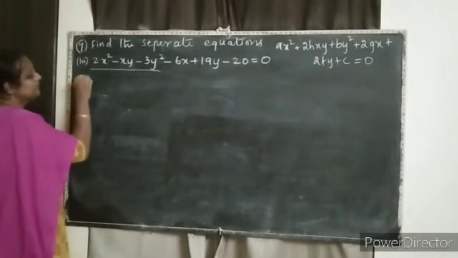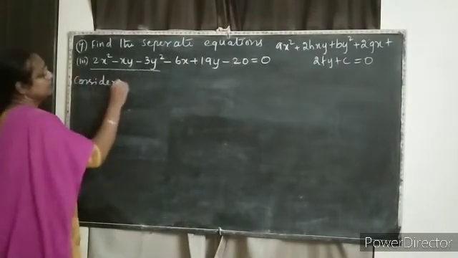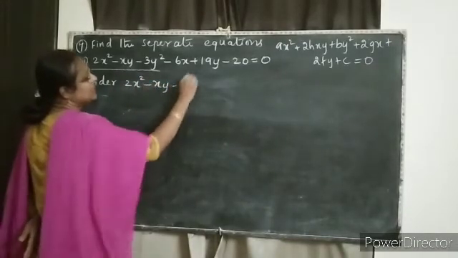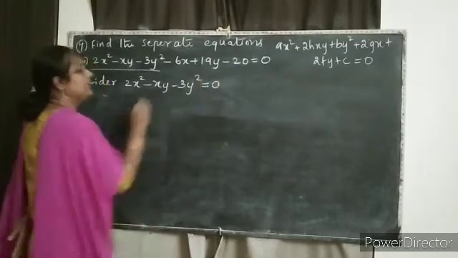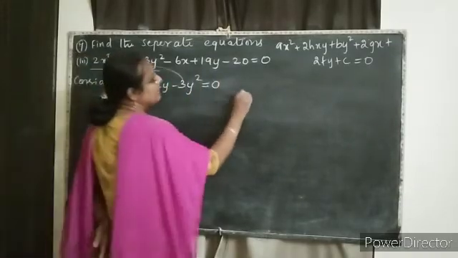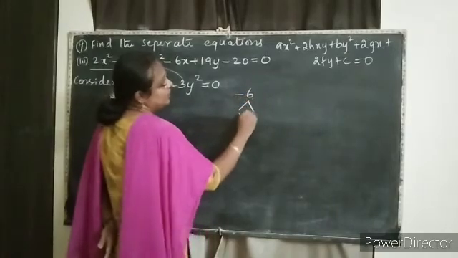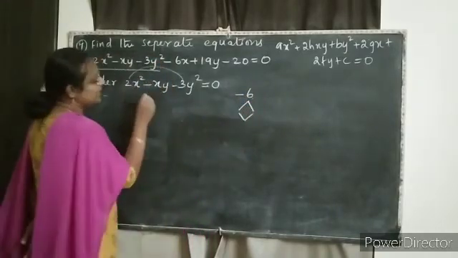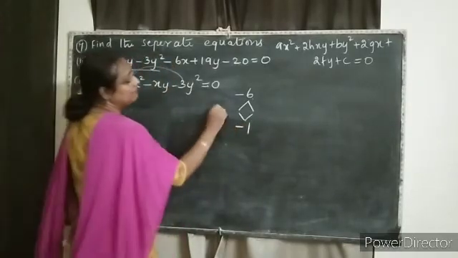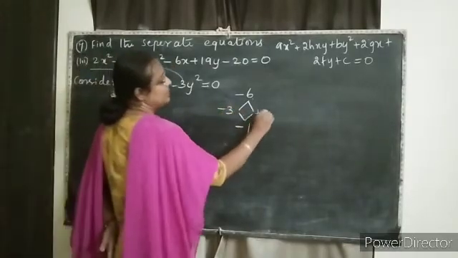So let's consider 2x squared minus xy minus 3y squared equal to 0. Now I am going to factorize this. 2 into minus 3 will give you what? Minus 6. I am going to separate this. When I add, I should get what? Minus 1. So what will be the value? Minus 3 plus 2, isn't it?